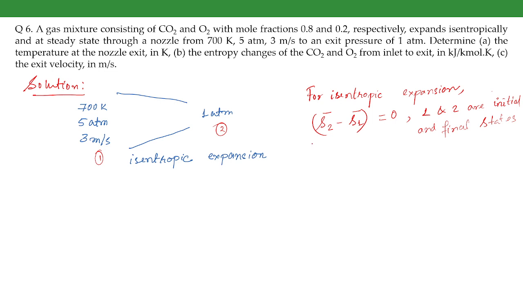So we can say that this term can be written as the mole fraction of carbon dioxide multiplied by the change in the specific entropy of carbon dioxide from inlet to exit, plus the mole fraction of oxygen multiplied by the change in the specific entropy of oxygen from the inlet to exit, that is 0.